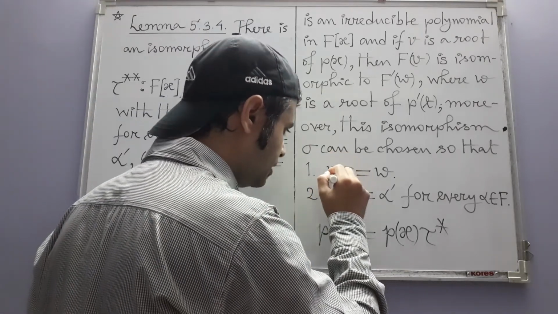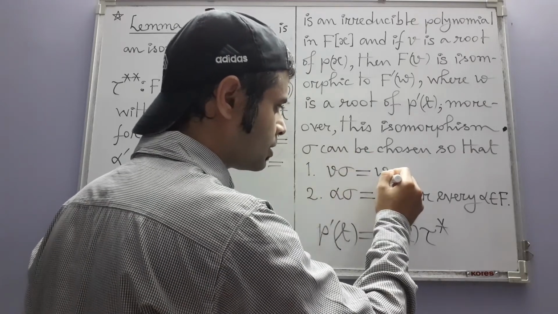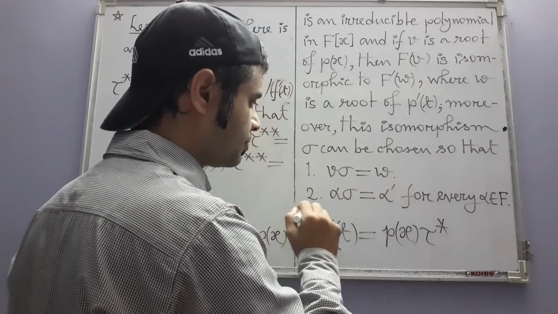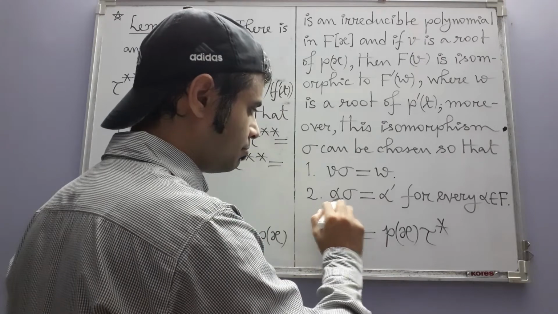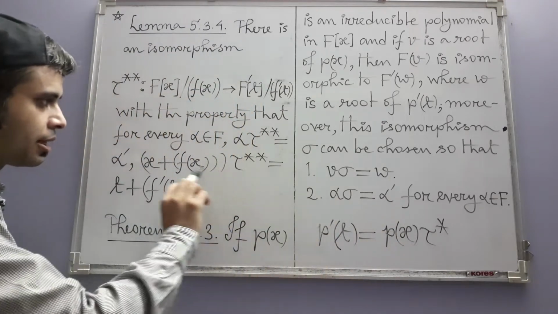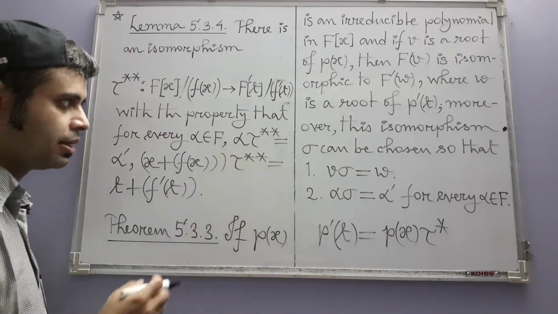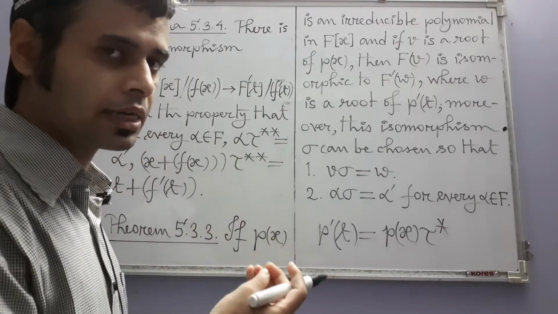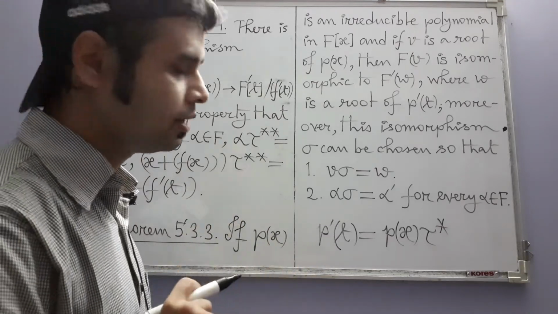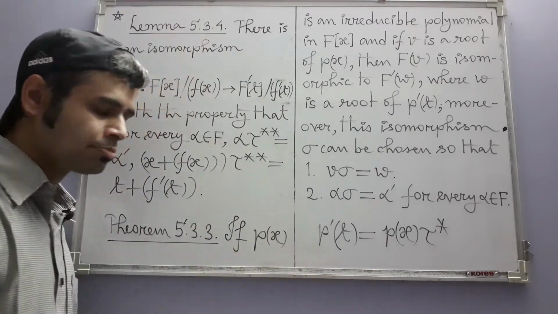The root v itself will be mapped onto the root w by sigma, and sigma behaves much like how tau star star behaves on the field elements, I mean the elements coming from the base field F. So let us now prove this.